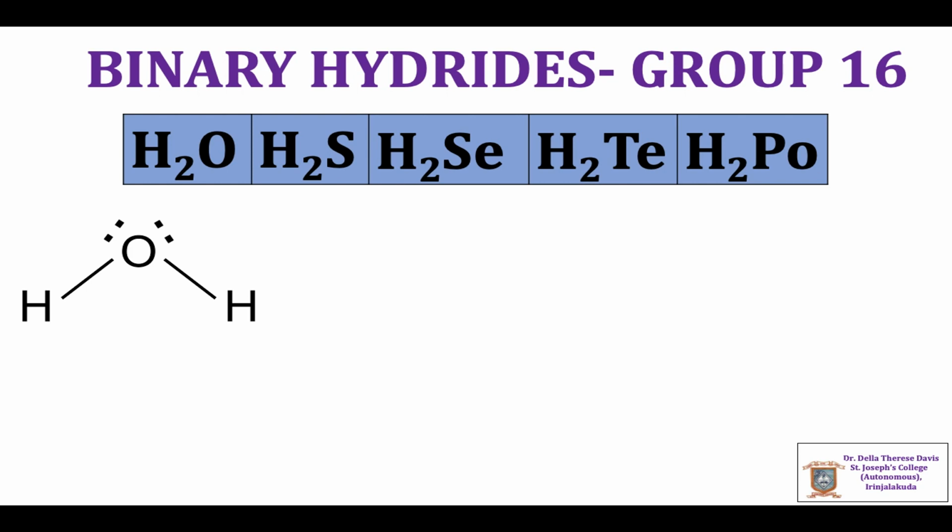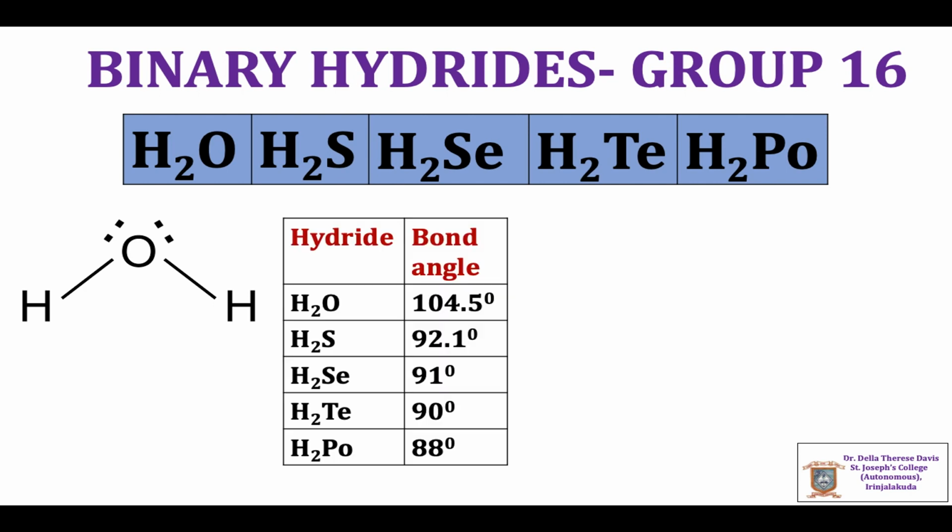Coming to the structure of the hydrides, the group 16 element is sp3 hybridized with 2 lone pairs and 2 bond pairs. It has a bent structure as shown in the figure. The bond angle varies from the tetrahedral angle because of the presence of lone pairs. We know that lone pair-lone pair repulsion is greater than lone pair-bond pair repulsion, which is greater than bond pair-bond pair repulsion.